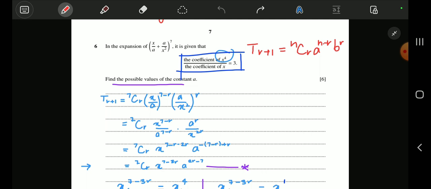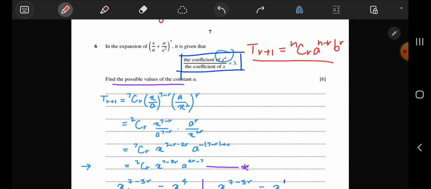Okay, simple. So we know for the required term, we use this formula: t(r plus 1) is equal to nCr a power (n minus r) b power r. So what is n over here? n is 7, a is x over a, and b is a over x square. So first write it down.